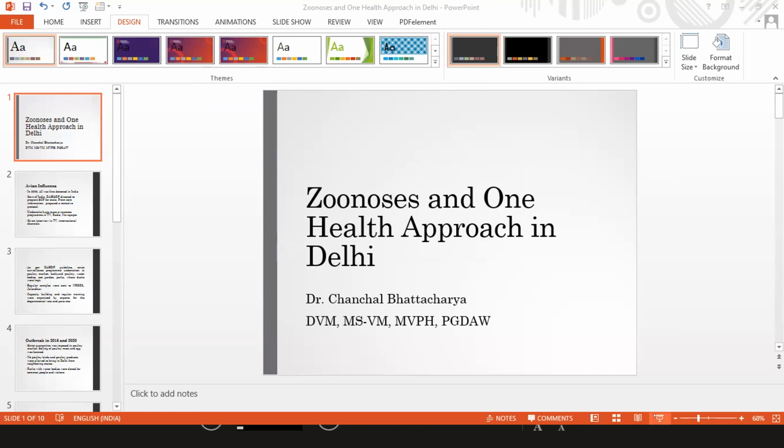In the National Zoo Park in Delhi, a lot of migratory birds come from Mongolia, Russia, and Siberia. So our RRT team was established, and they started regularly visiting this zoo garden and collecting samples from the caged birds and the migratory birds also.